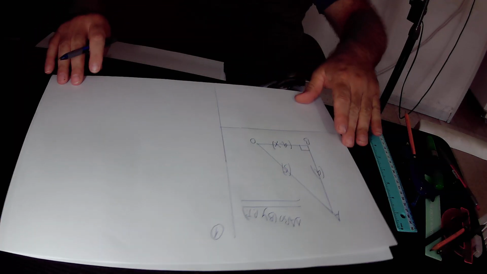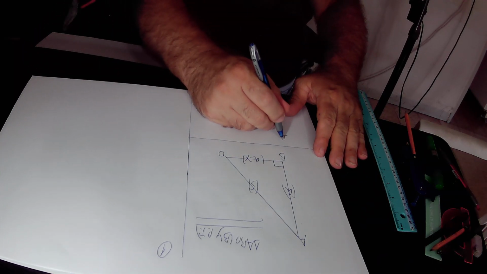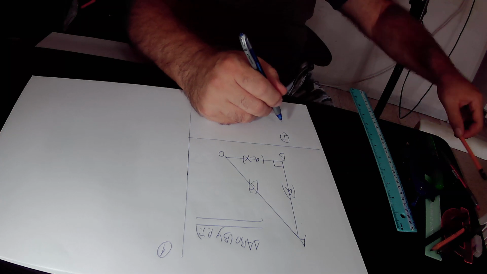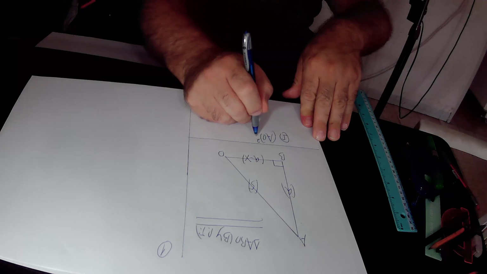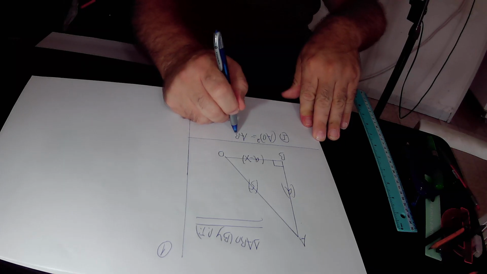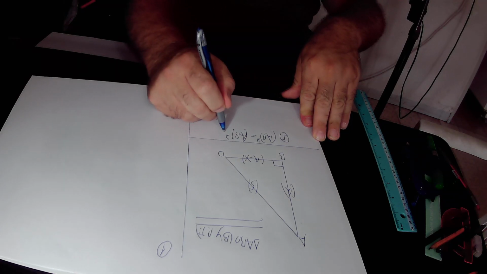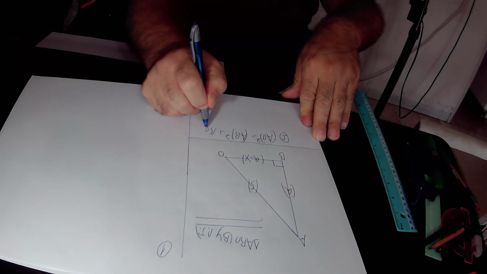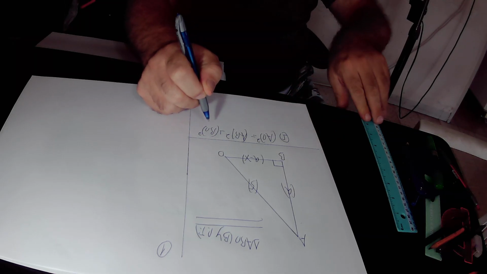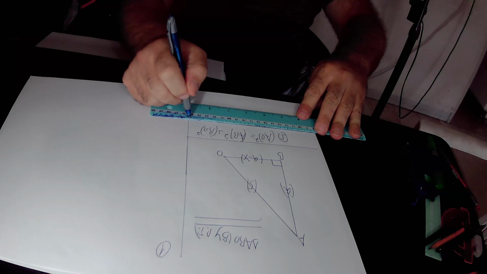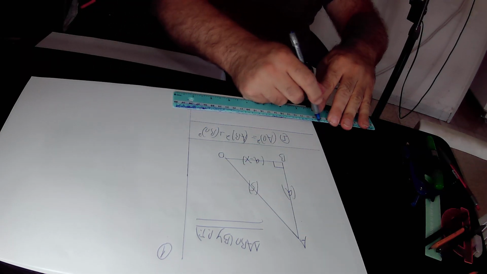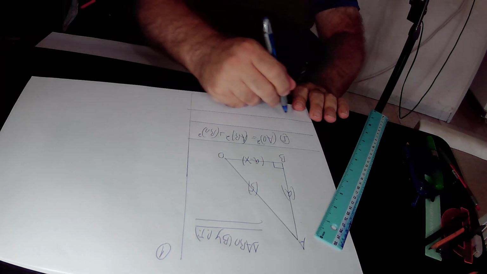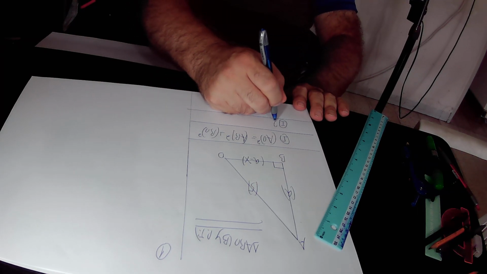According to equation 1, AO squared, that is the square of the hypotenuse, is equal to AB squared plus BO squared. AO is 5, therefore AO squared is 5 squared, that is 25.